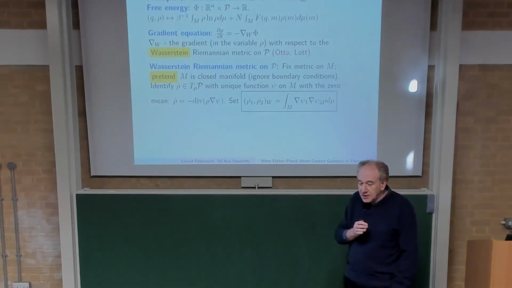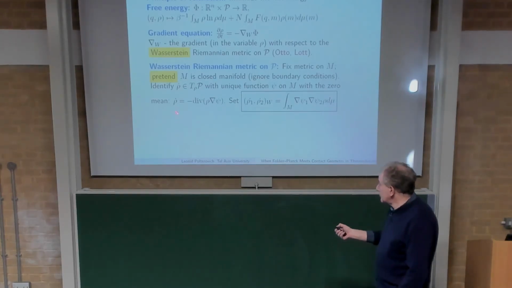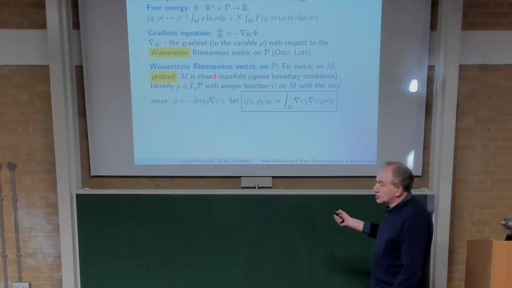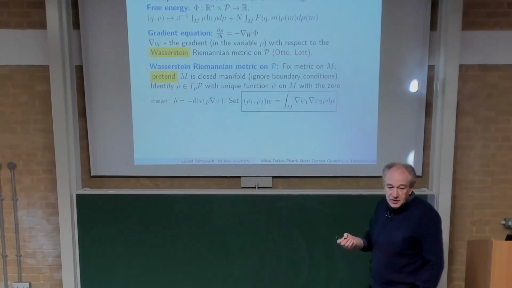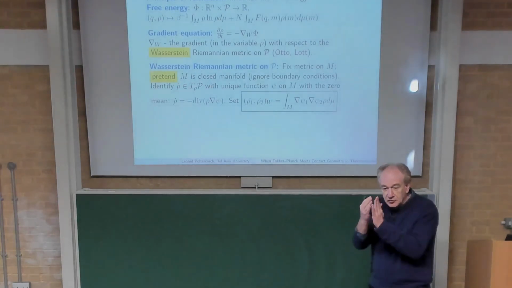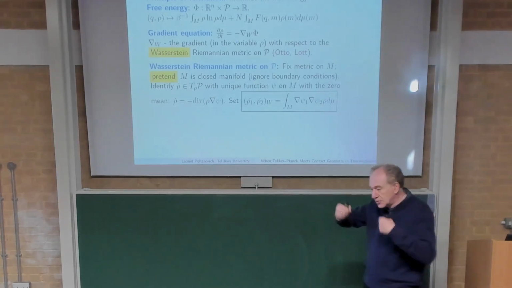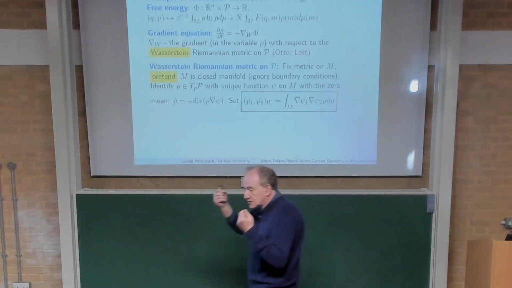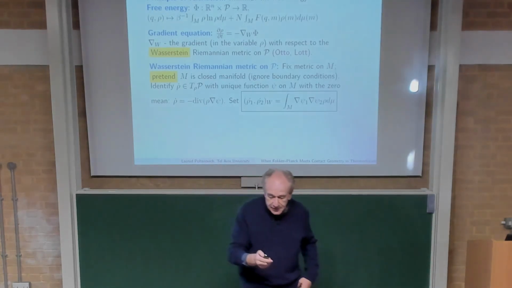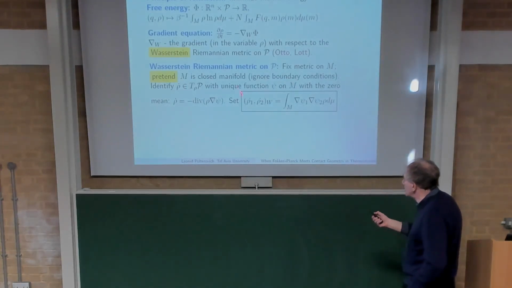So I will completely ignore this at the moment. I'm making a wild assumption that my manifold M is a closed manifold. So in the Curie-Weiss model, it will be the interval minus 1, 1. It will be the limiting space for the potential values of spins, and then we have to accurately say what happens at the boundary points. Okay. But for a closed manifold, you do the following procedure.